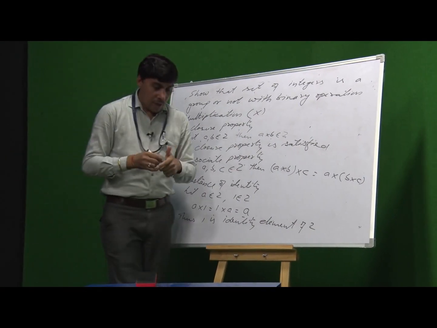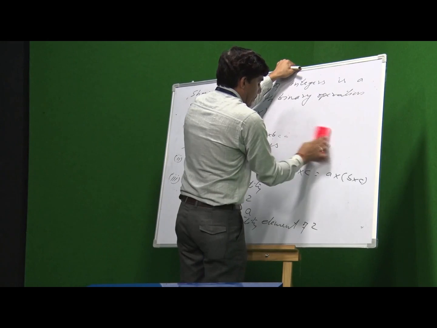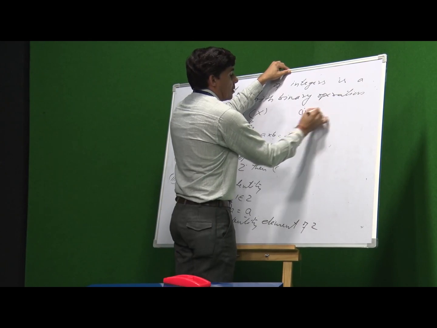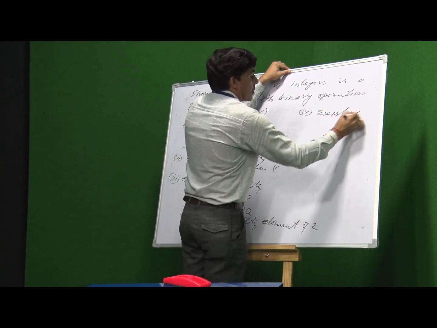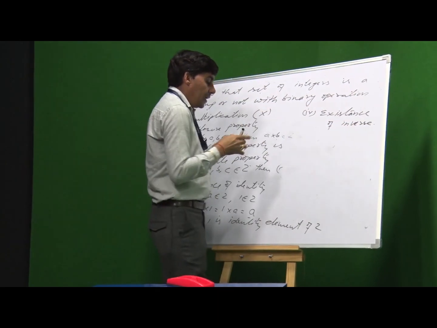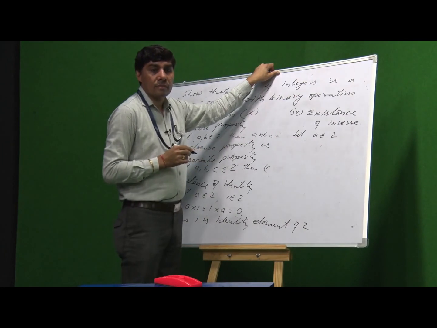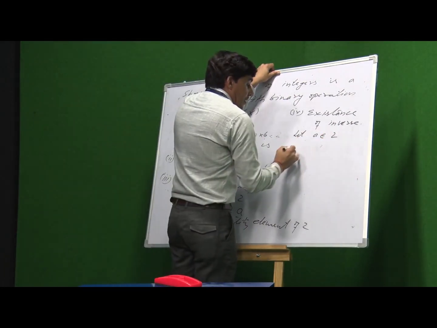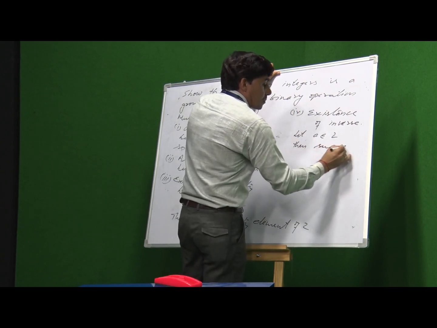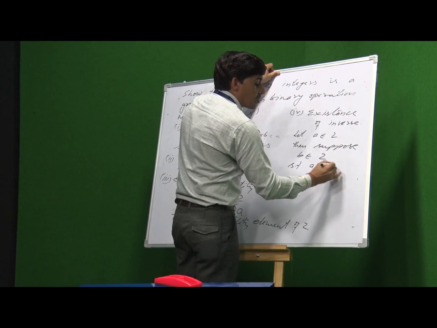Now, the fourth one, existence of inverse. Let A belong to Z, then suppose B belongs to Z such that A into B is equal to 1.